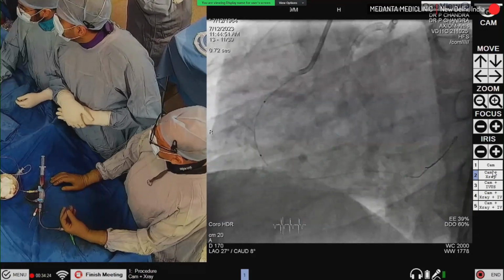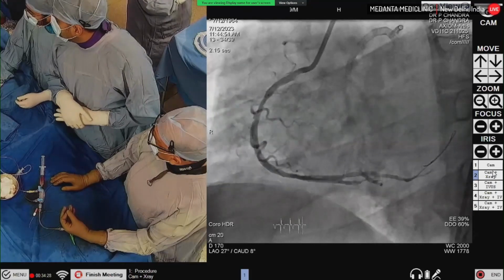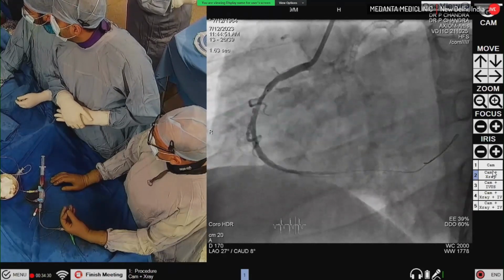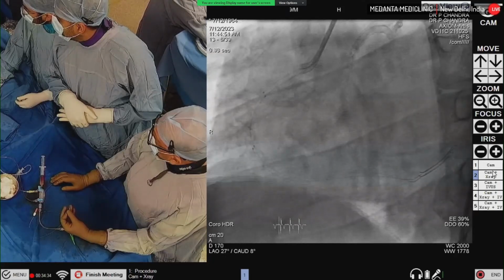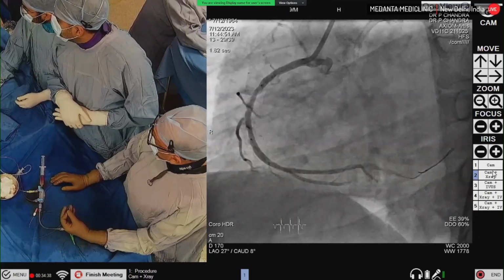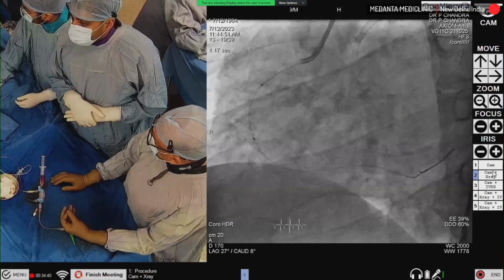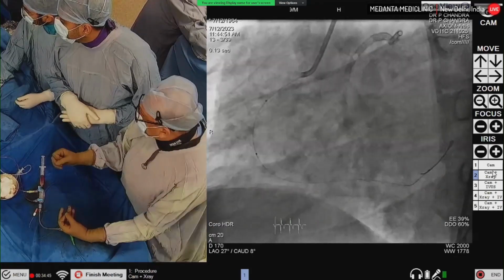Okay. So the distal landing zone diameter is how much? Distal landing zone diameter, let's check. More. Yeah, somewhere here. Go down. Yeah, give me a 3.0 38.